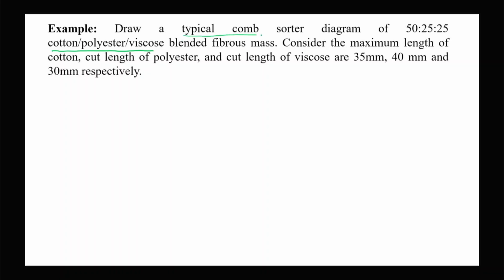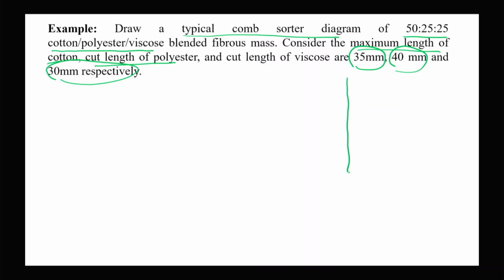We have to draw a typical comb sorter diagram where 50% cotton, 25% polyester and 25% viscose are blended, where the maximum length of cotton is 35 mm, the cut length of polyester is 40 mm and the cut length of viscose is 30 mm.